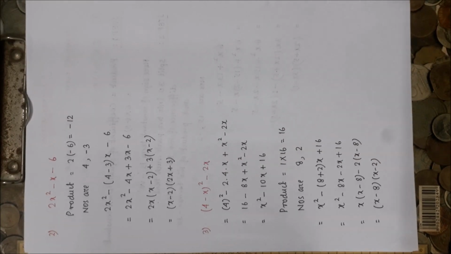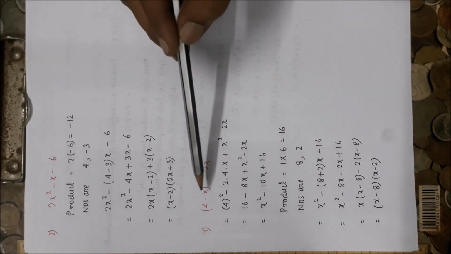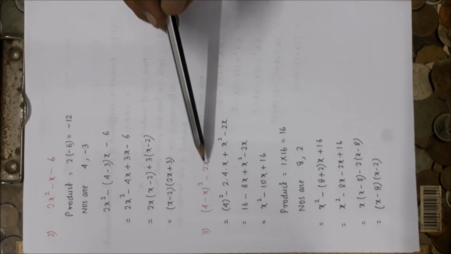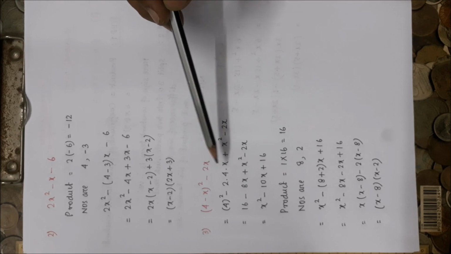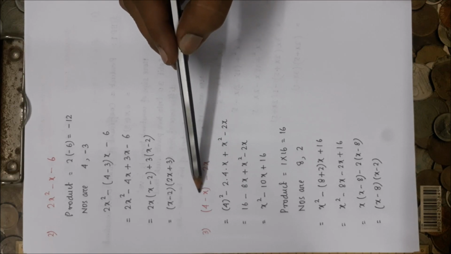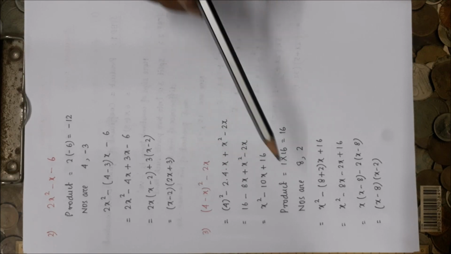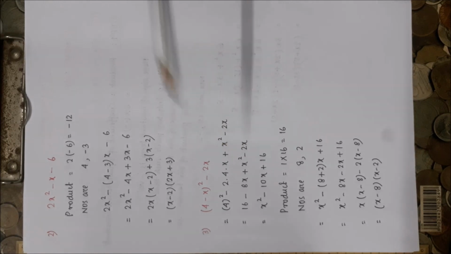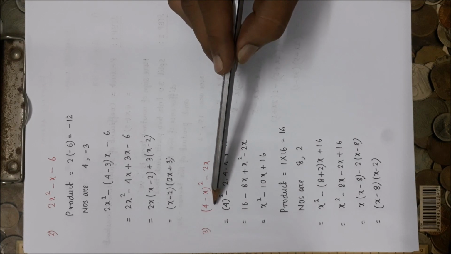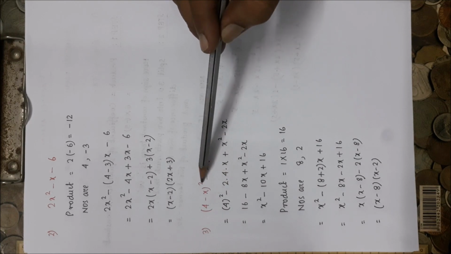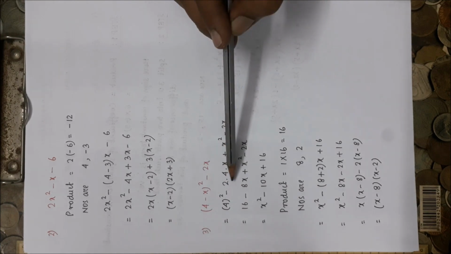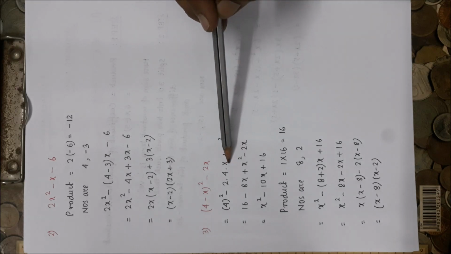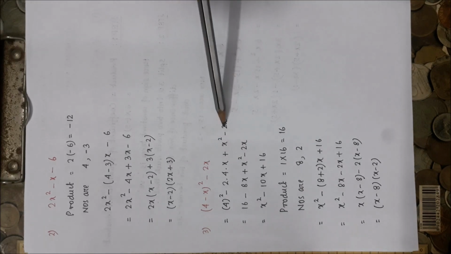Moving into the next problem. (4 minus x) square minus 2x. So first we need to expand this term and express it in the standard form of middle term factor. So here I am applying the formula of (a minus b) square: a square minus 2ab plus b square, minus 2x.